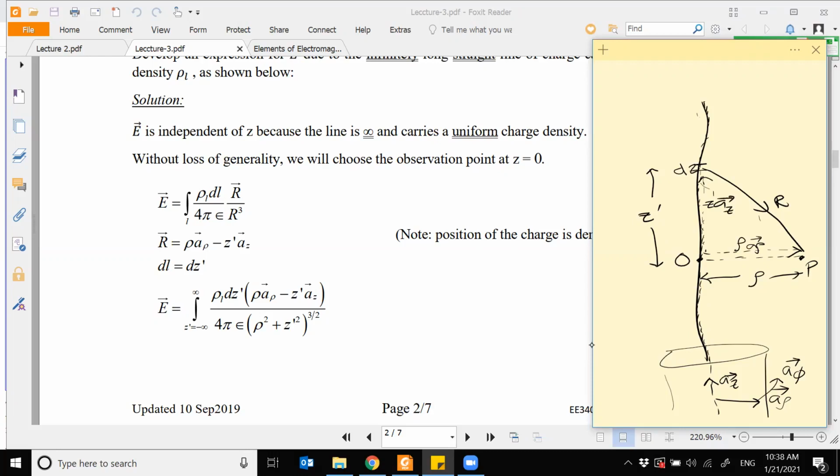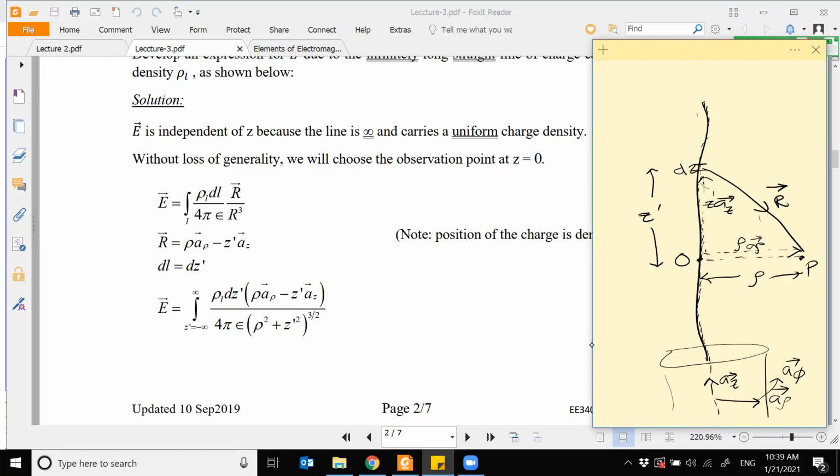Now, can I represent this distance vector R in terms of these two vectors? Yes. The distance vector R, this is the direction of rho a rho, so I have to go in this direction. So minus rho a rho plus z dash a z will give me R bar, the distance vector.